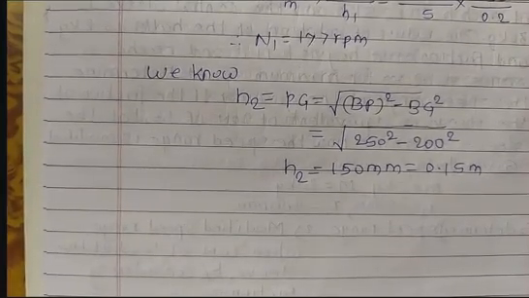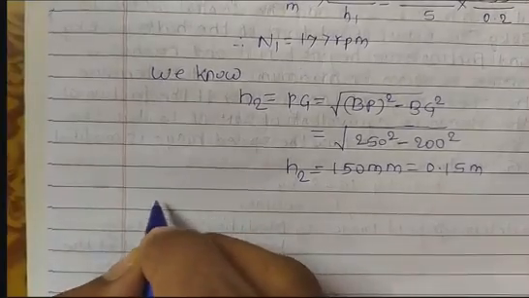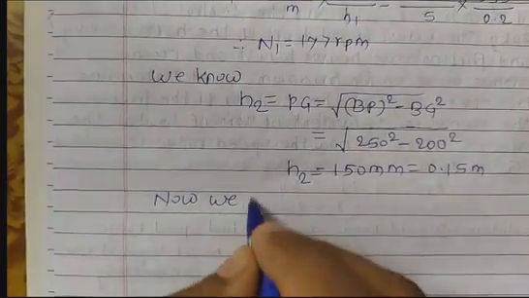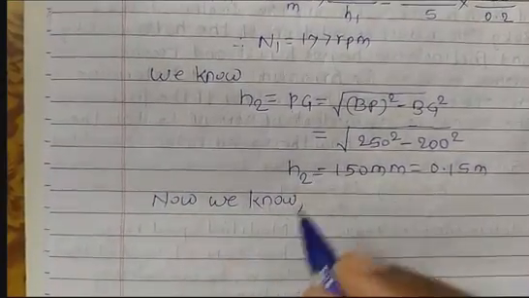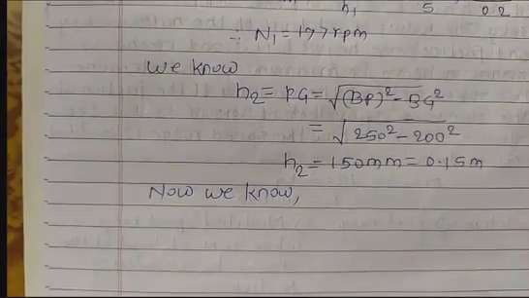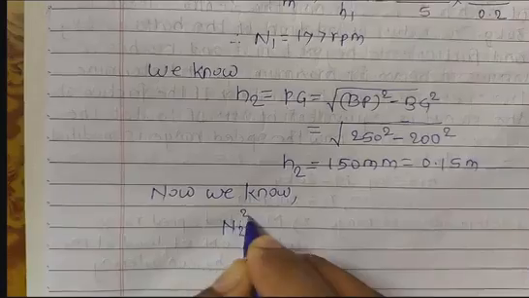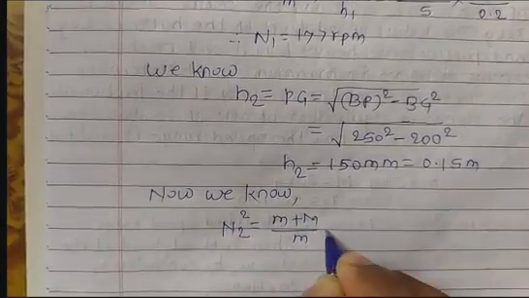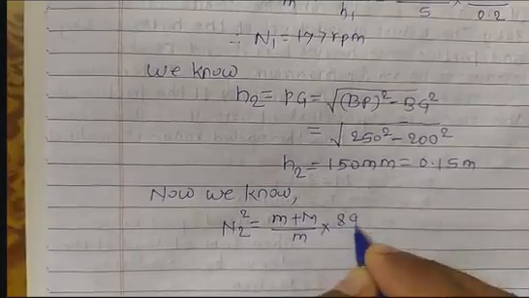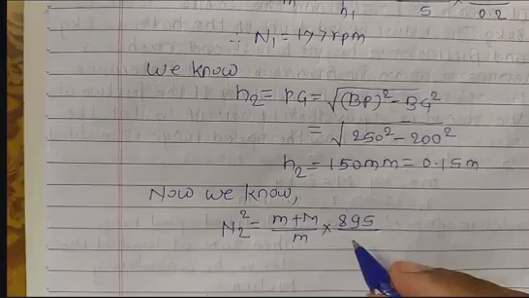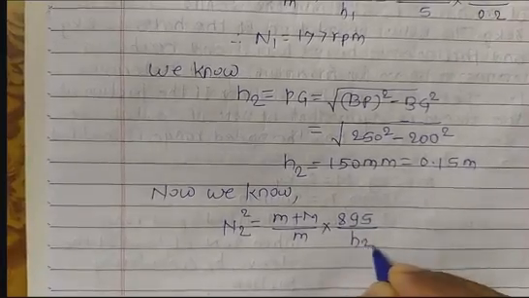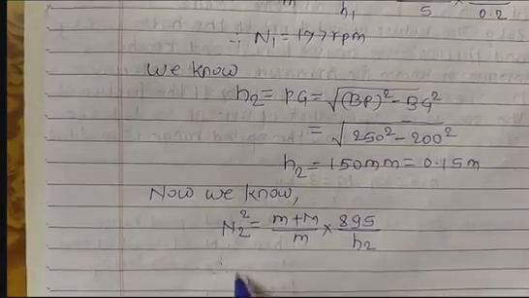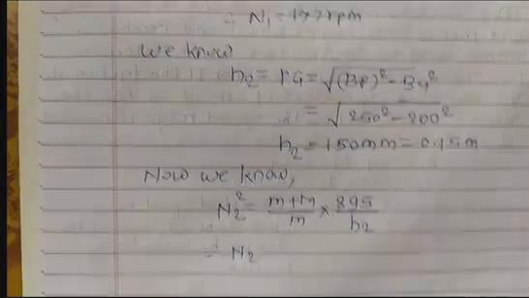Now we know N2 square equals small m plus capital M by small m multiplied by 895 divided by h2. Substitute all these known terms and get the value for N2.